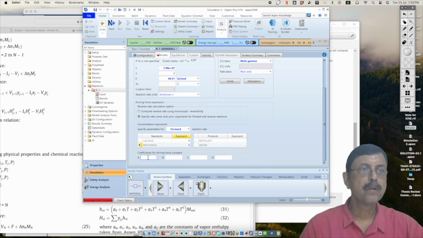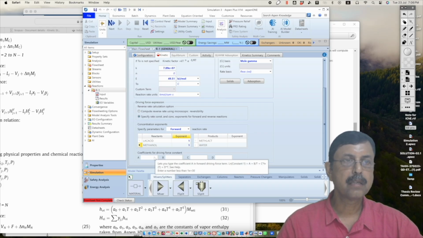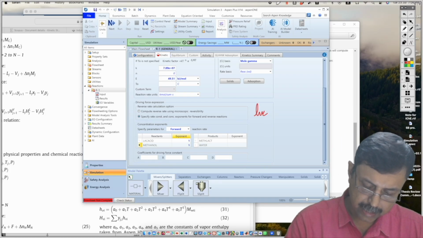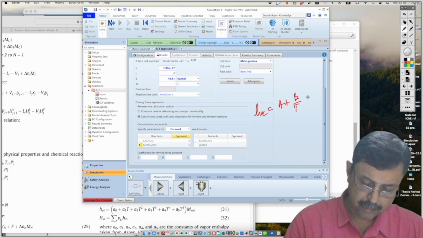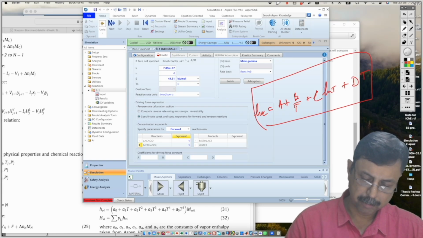For that we have to provide 0, because here the coefficient for the driving force constant, we have to give a value to A, for which the whole term, that is ln of constant 1, is equal to A plus B by T plus C ln T plus D into T. So basically what it says is that ln K has to be A plus B by T plus C into ln T plus D into T. So this is the equation.